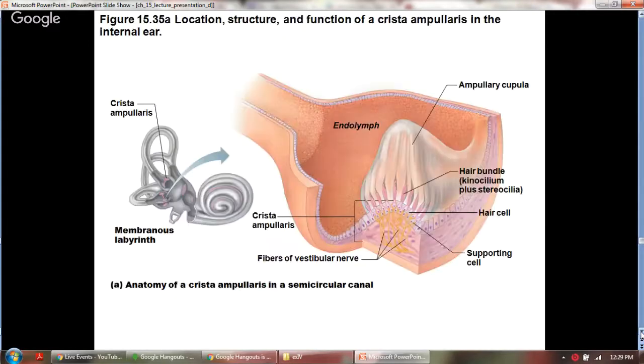You can see the location and the function of the crista ampullaris in the inner ear, shown in higher magnification. It's embedded in the endolymph: the ampullary cupula, the hair bundle, the kinocilium here, plus the stereocilia, the hair cells, the supporting cells and fibers of the vestibular nerve.